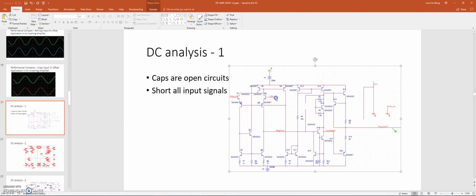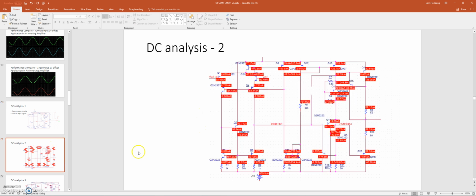And then we go to DC analysis. For the DC analysis, all the caps are open circuits, and we're shorting all the input signals. So here the input is gone, and this cap is open. Here is the value of the DC analysis. Not going to go into too much detail.